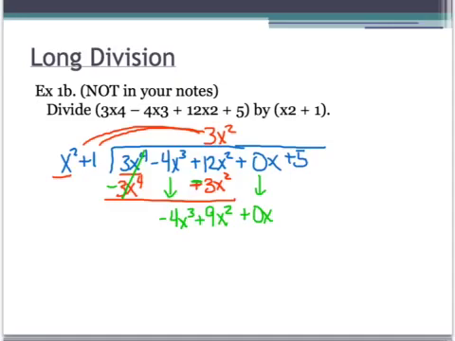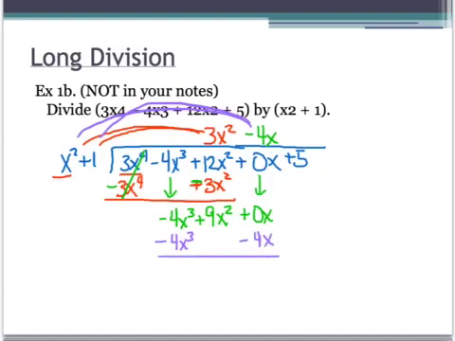Now, how many times does x squared go into negative 4x cubed? And that would be a negative 4x. So now I'm going to take negative 4x times x squared and negative 4x times 1, and I get negative 4x.